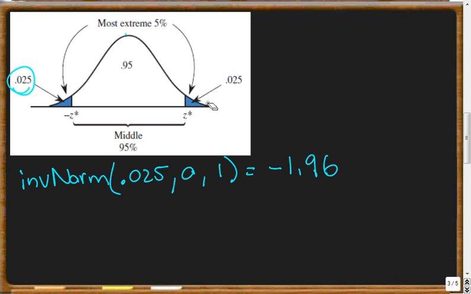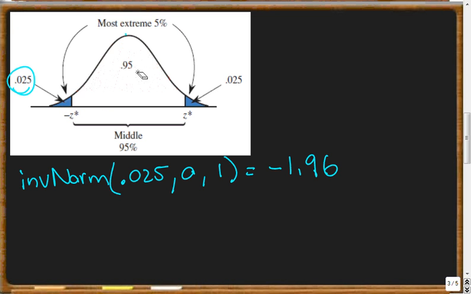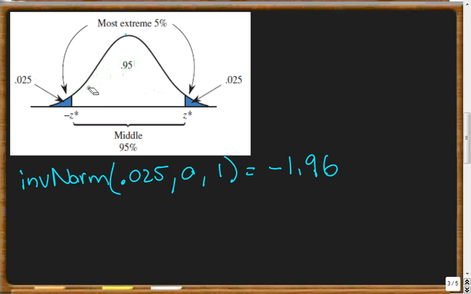If you wanted to figure out the second one, we have to think about this a little bit differently. We can't just use that area. The z-score from inverse norm is associated with the amount of area that adds up to that point. We can think about it like this: this is 95%, and this is 2.5%, so we actually end up with 97.5%.